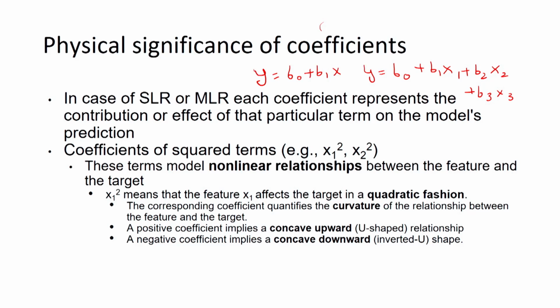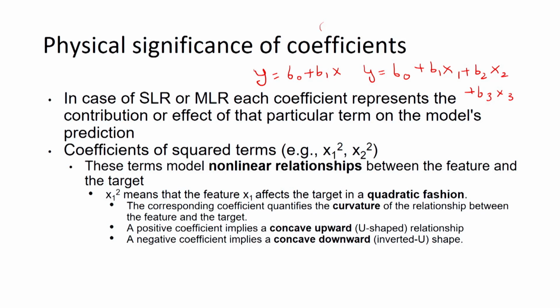So if this coefficient is positive, you can say that the curve is concave upward, a U-shape relationship curve you will get. And if this coefficient is negative, the coefficient corresponding to x1 square or x2 square, it means this curve is concave downward.